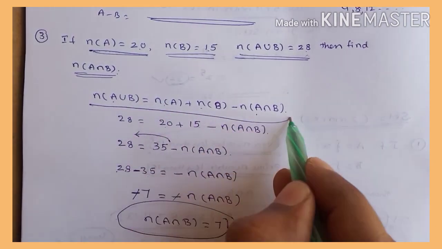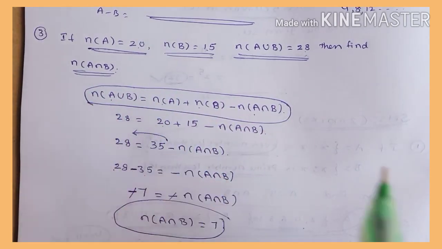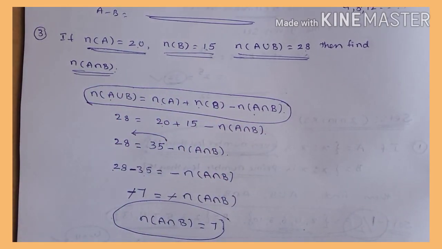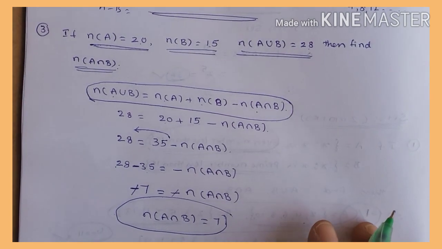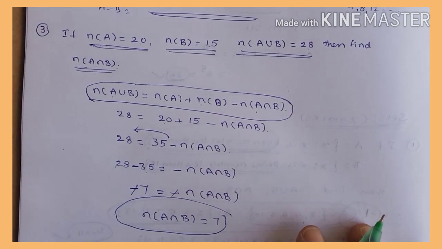You have to memorize this formula. Number of A union B is equal to number of A plus number of B minus number of A intersection B.